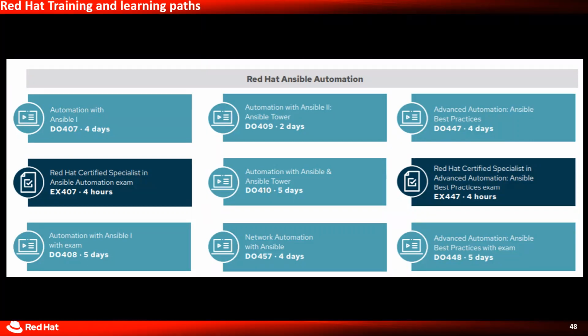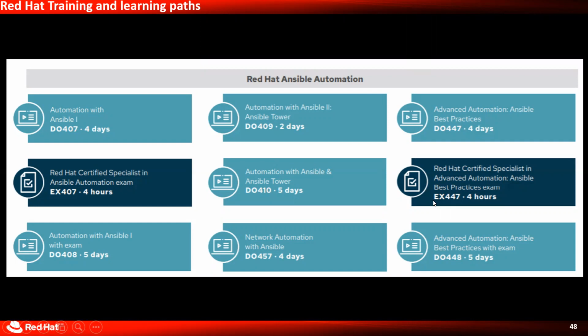Apart from that, there is one more new course added into the automation platform, which is 477, which will help you understand the Ansible best practices: how to write a playbook, and what best practices people in the industry use to automate a particular task using Ansible automation.